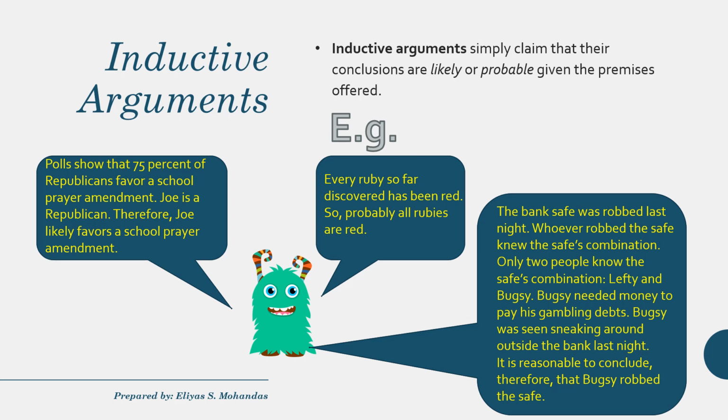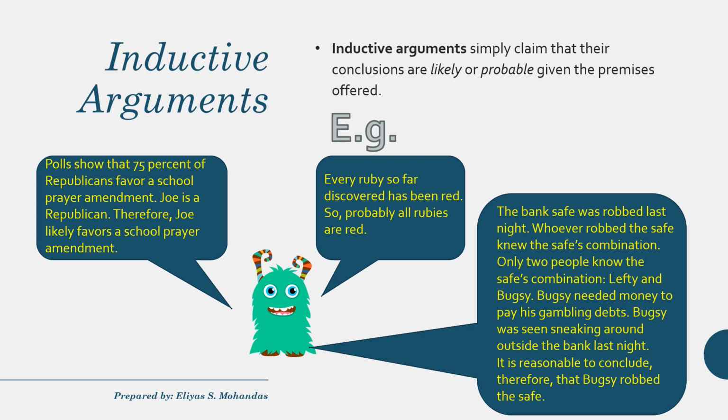Now, here is how to differentiate between deductive and inductive. With inductive arguments, we are just looking at whether the conclusion is likely or probably true based on the premises.